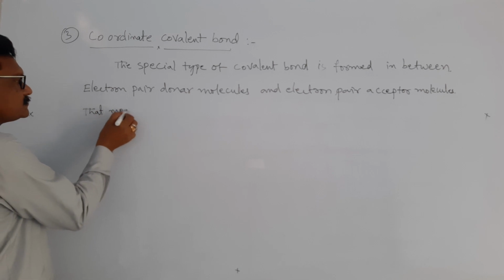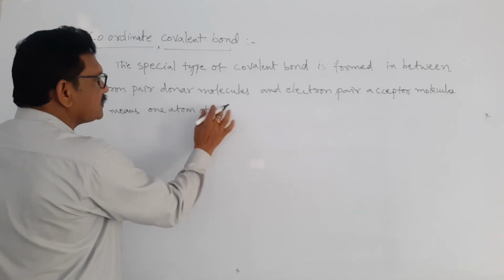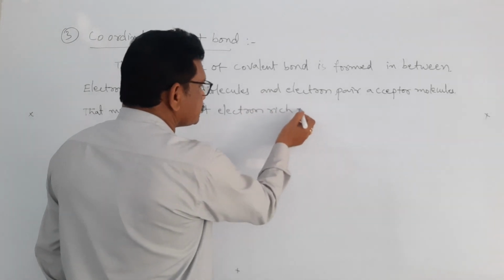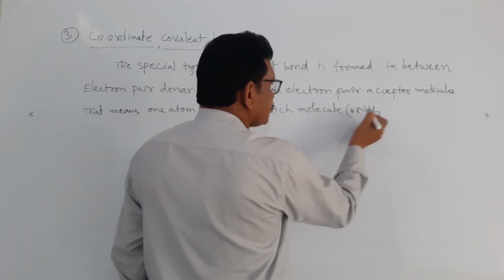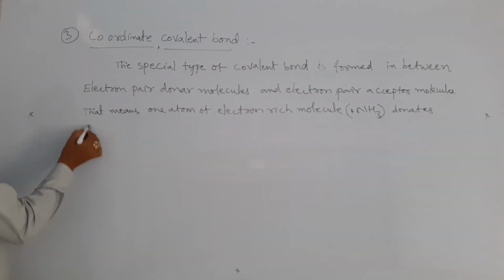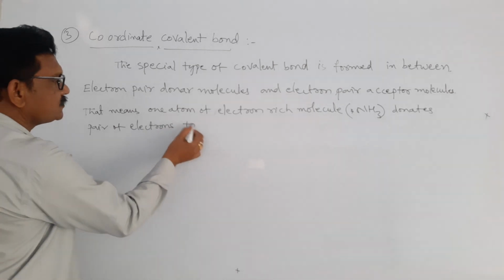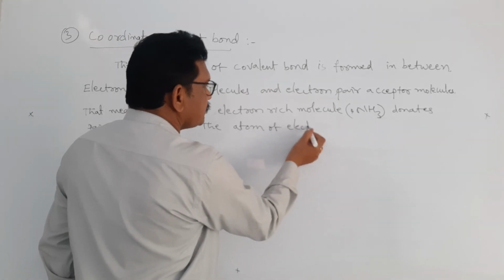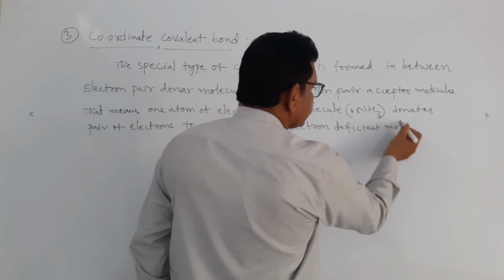That means one atom of an electron rich molecule, best example, ammonia, donates a pair of electrons to the atom of an electron deficient molecule.